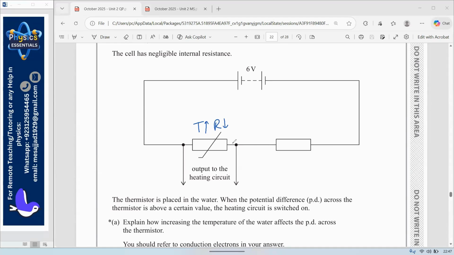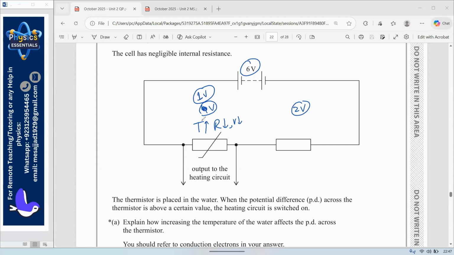When the resistance decreases, for example, here it was previously 4 volts, here it was 2 volts, because the 6 volt is the supply. So supply is always equal to the consumption. So 4 volts was being utilized here, 2 volts here. Just for an example, these are dummy numbers. As the temperature is increasing, the resistance is decreasing. Because the resistance is decreasing, the potential difference used here will also decrease, for example, 1 volt now.